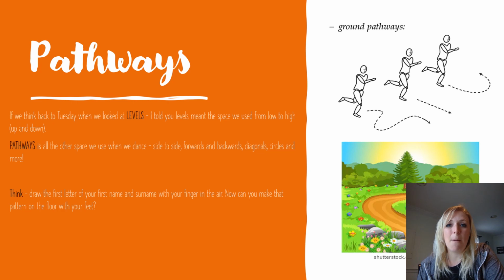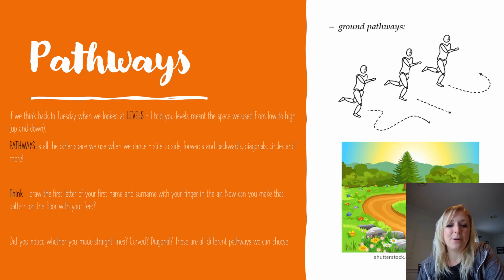Perfect. Now imagine those letters are on the floor. Can you make that pattern of your letters on the floor with your feet? Travel it now. Great work. I hope everyone had enough space.